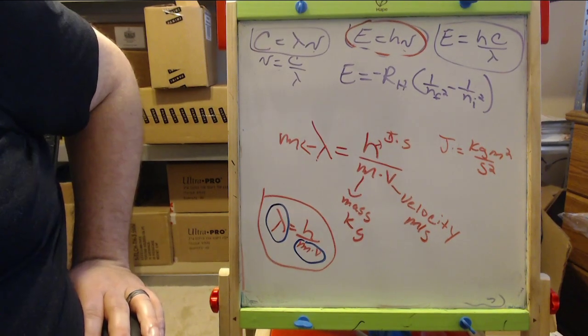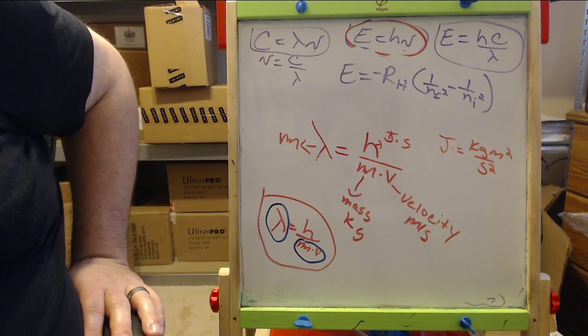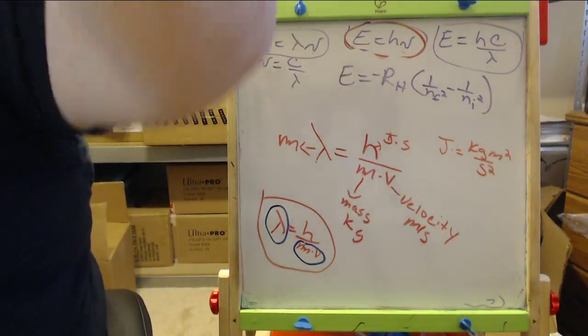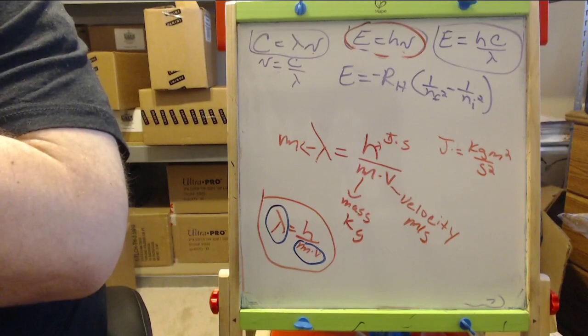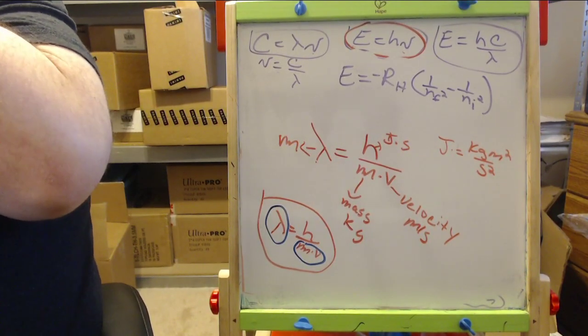Which means that you, in theory, at some velocity, could give off a wavelength where we see a color. Problem is, this works really good with electrons. When masses get bigger and bigger, the speed has to be changed.